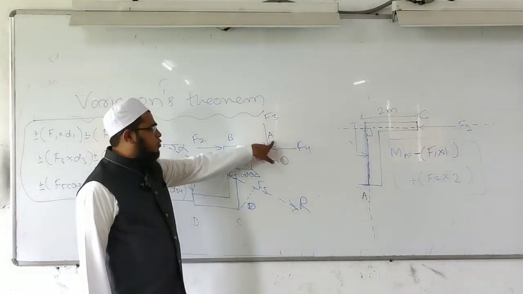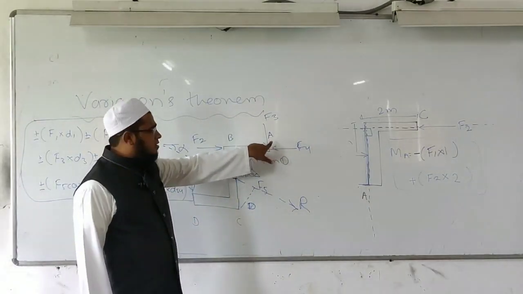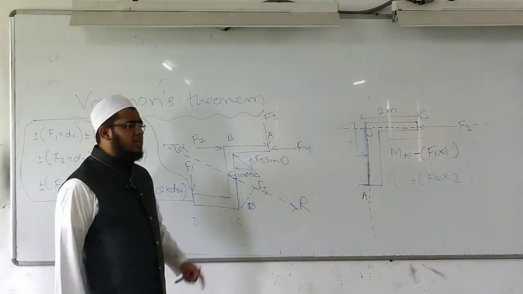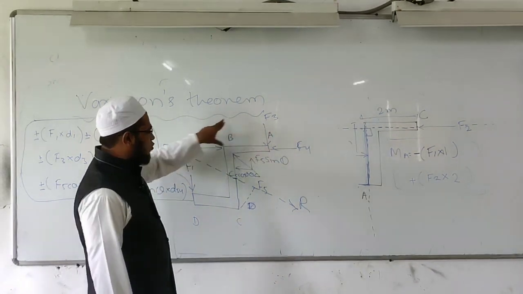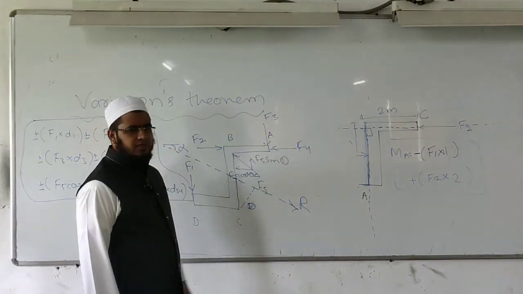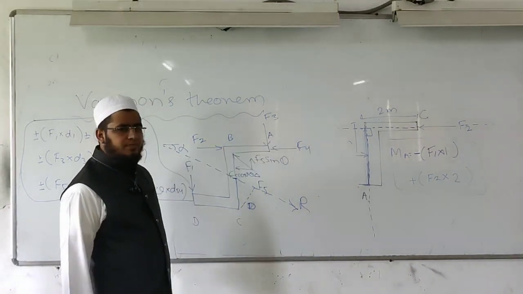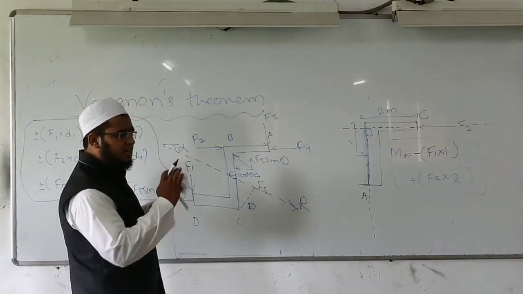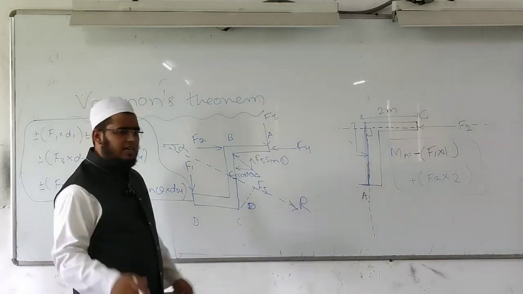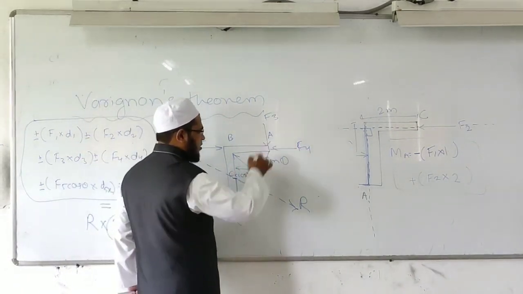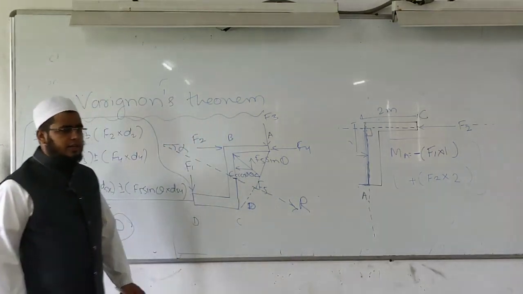You can find it with respect to A. If I need the distance of this resultant R from point A, then I will first find the moment due to all these forces about point A. In this case, my moment center is point A. Then I will find the algebraic sum, equate it to R into D, and that D is the perpendicular distance from moment center point A.